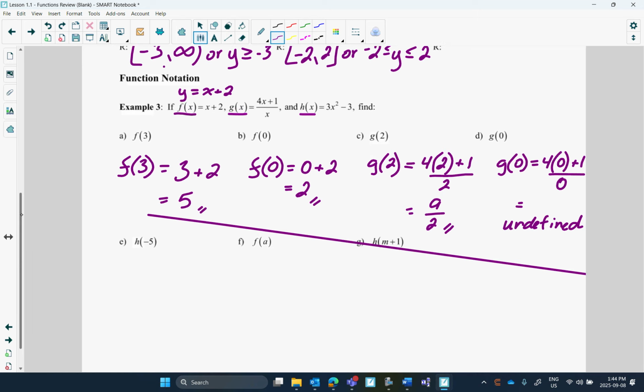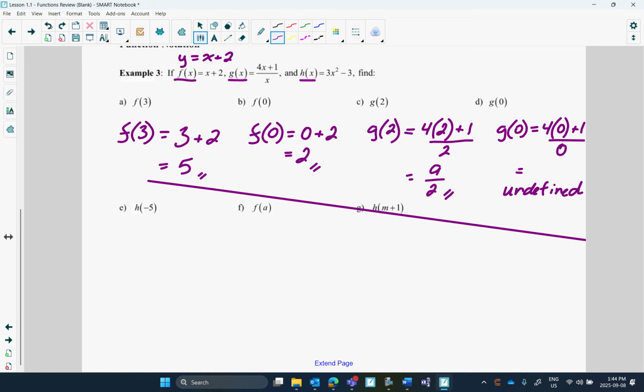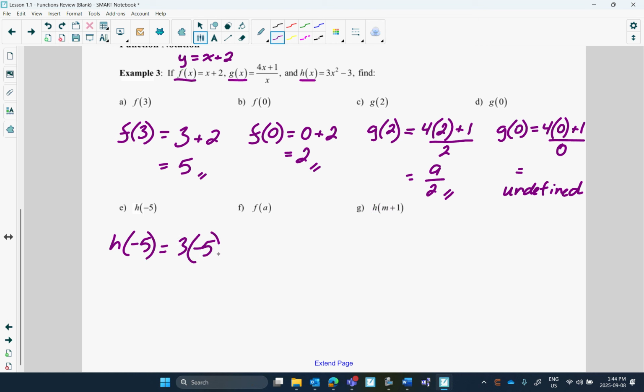h of -5. Well, that means we got to go to function h, and every time we see an x, we replace it with -5. Well, there's only one time that we see an x, so we get that. And you just got to remember your order of operations. And squaring negative numbers.